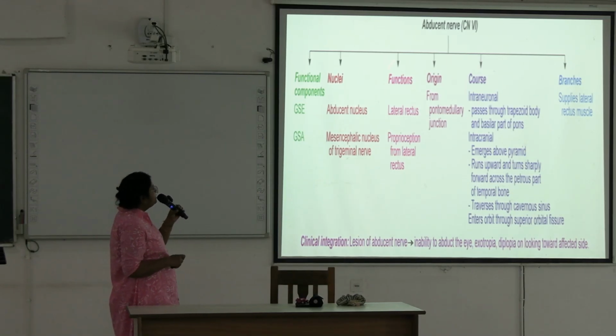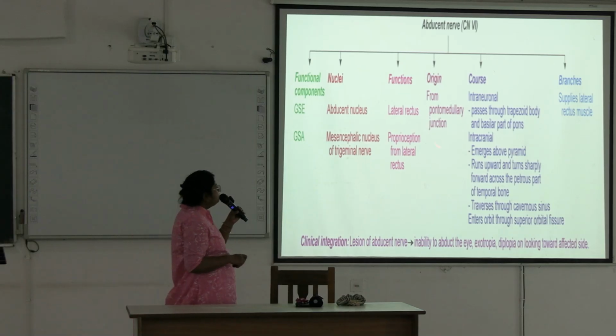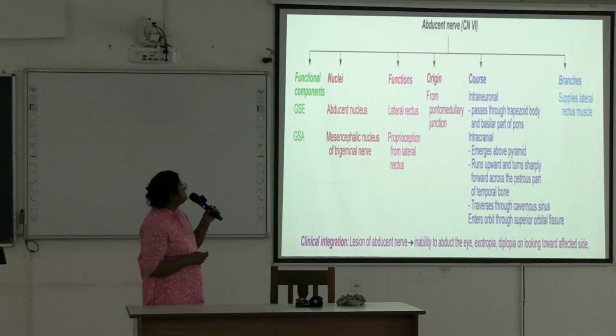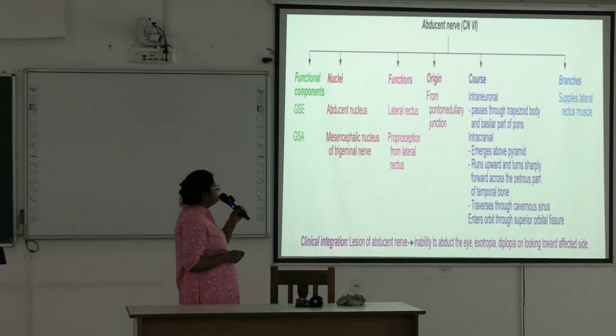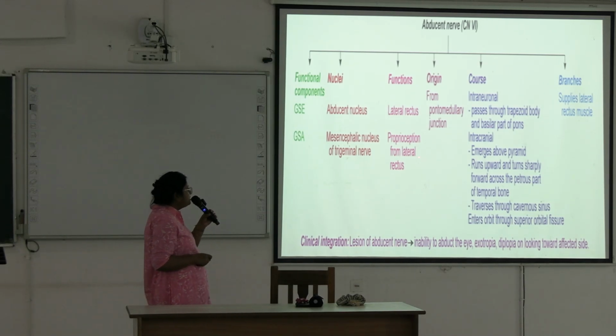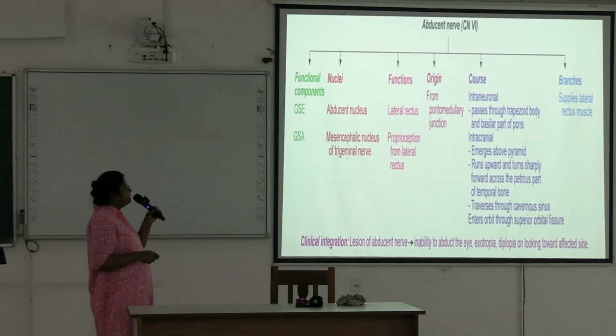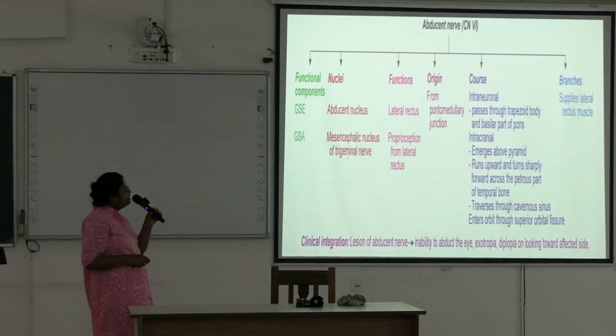Next, the origin of this abducent nerve is from the pontomedullary junction just above the pyramid, and the course has intraneural, intracranial, and intraorbital parts. The intraneural course passes through the trapezoid body and basilar part of the pons.